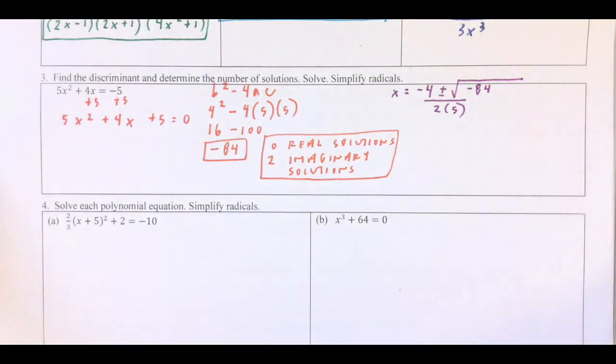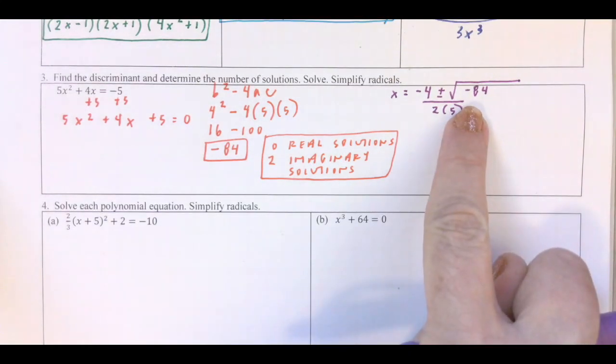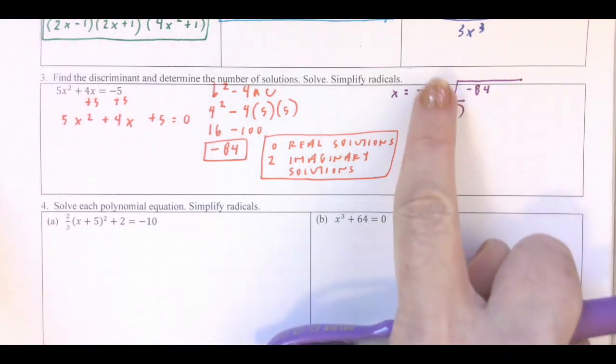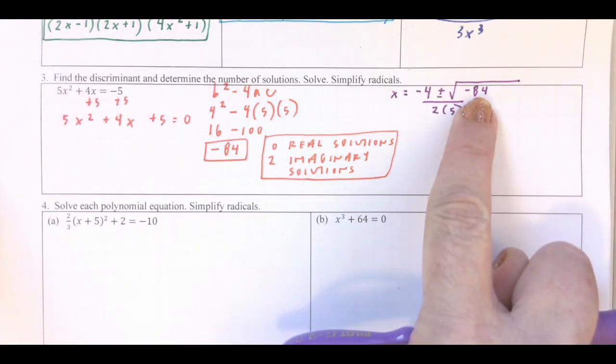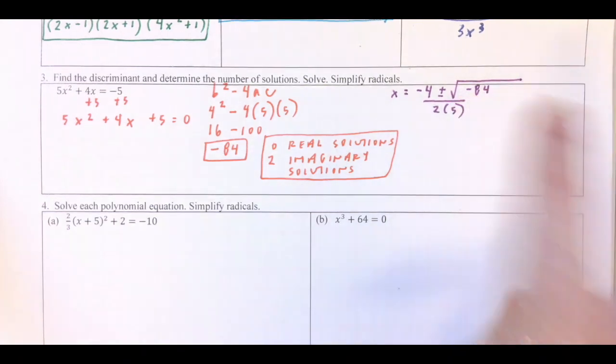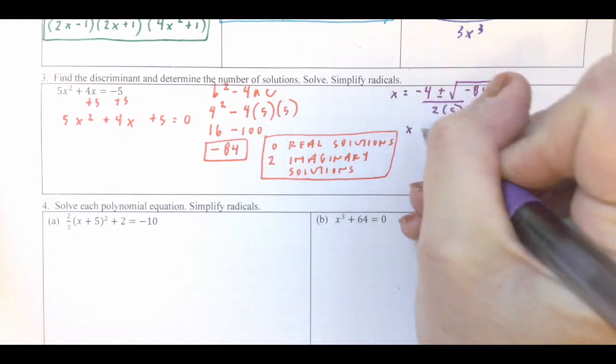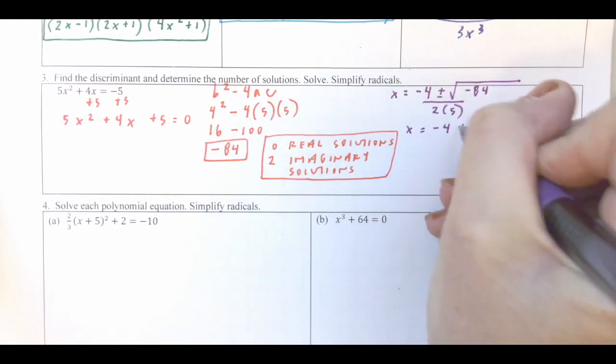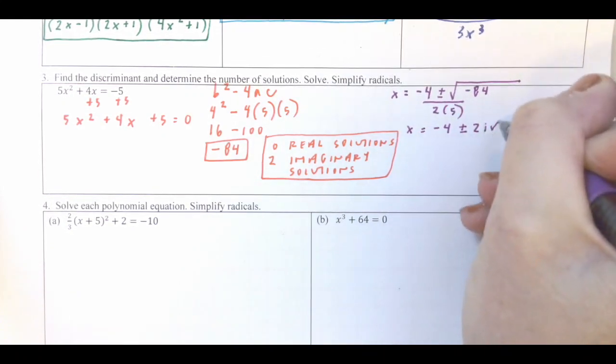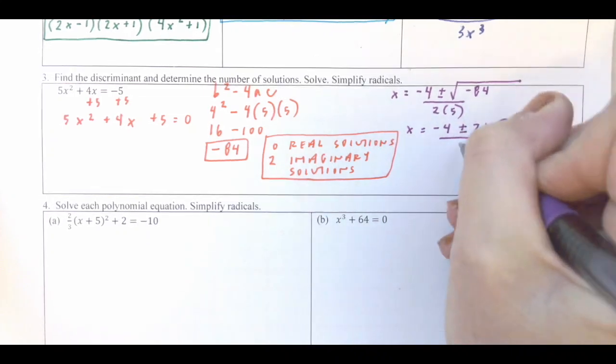So now it's resolving what is the square root of negative 84. I know that there's going to be an i because there's a negative under my root. So if I simplify the square root of 84, that's 4 times 21, so 2 root 21. But since there was a negative, 2i root 21, all over 10.